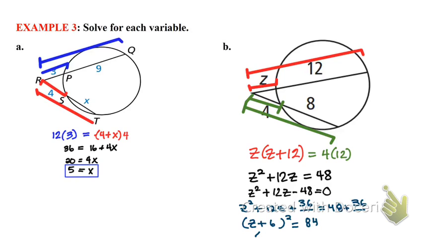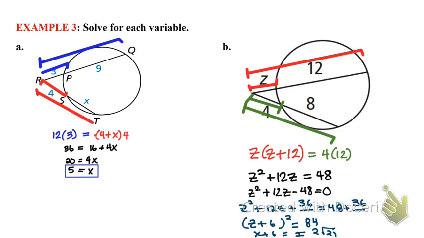And then to solve this, Mick's going to tell us where to go from here. So now we can take the square root of both sides. We're going to take the square root of z plus 6 quantity squared, which, taking the square root and squaring are inverse operations, so they cancel each other out, and we end up with z plus 6 equals, here's something to be careful that we remember.